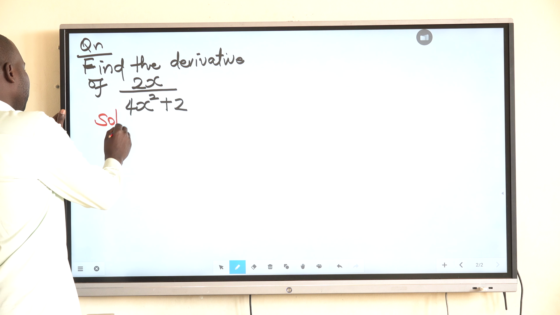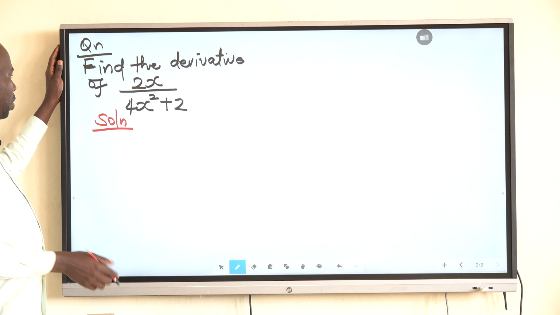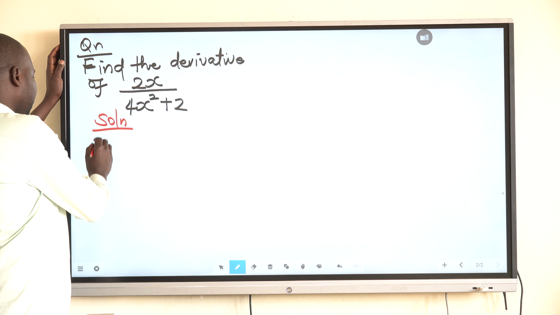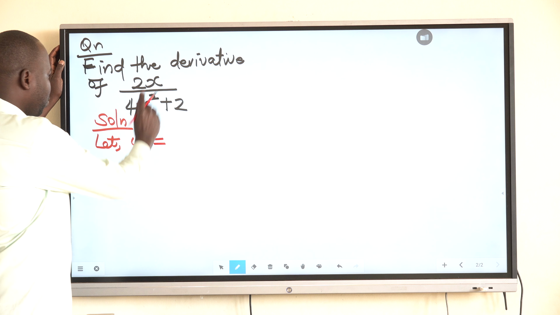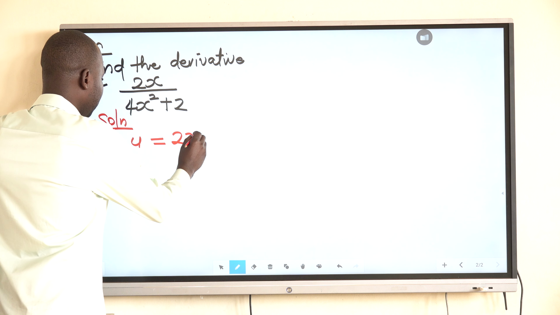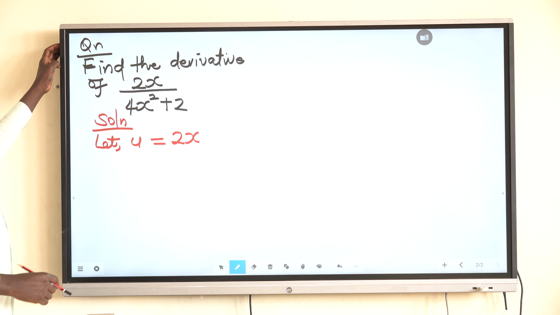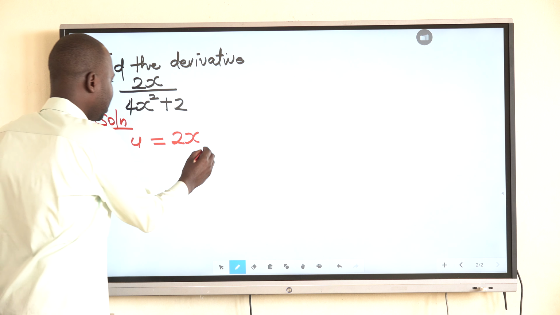And in our solution, this is what we are supposed to do. We begin by letting u be equal to the first term. For this case, it is 2x. After letting u equal to the first term, we differentiate this u with respect to x.